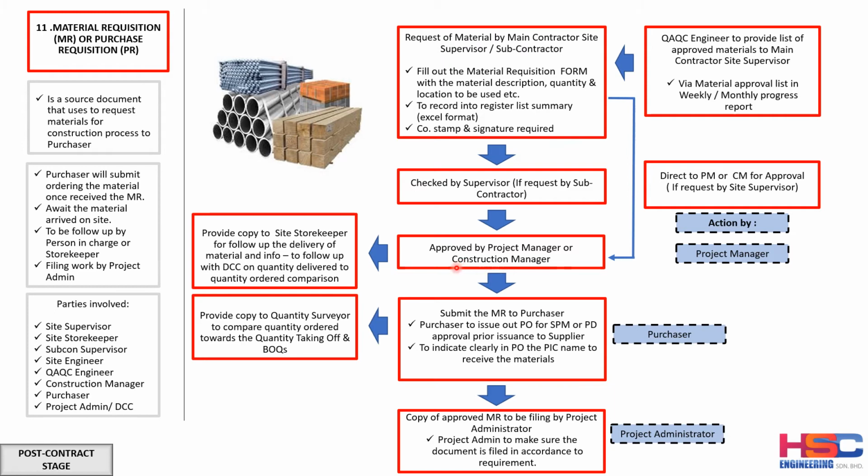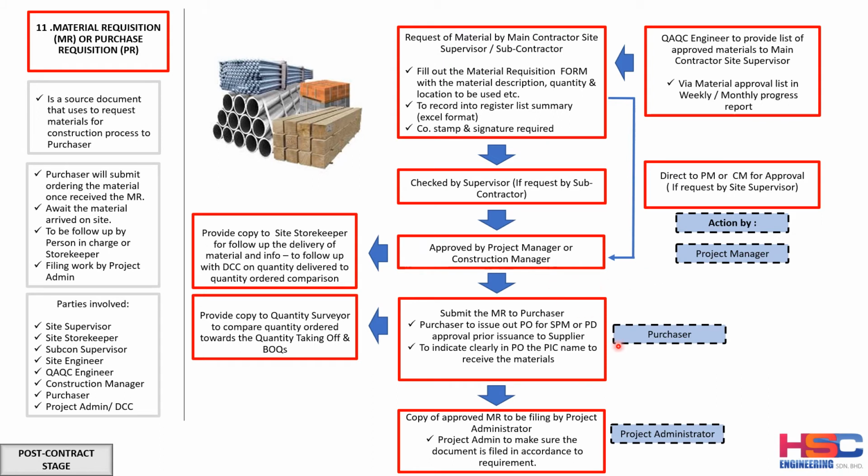Once the project manager has approved, a copy of the MR, the material requisition, will be forwarded to the site storekeeper to follow up the delivery of material, and to compare the quantity delivered against the quantity ordered. So the site storekeeper needs to know what items have been ordered.